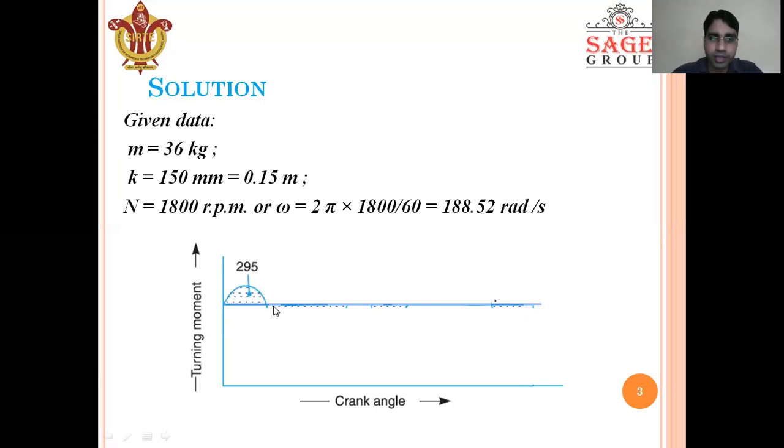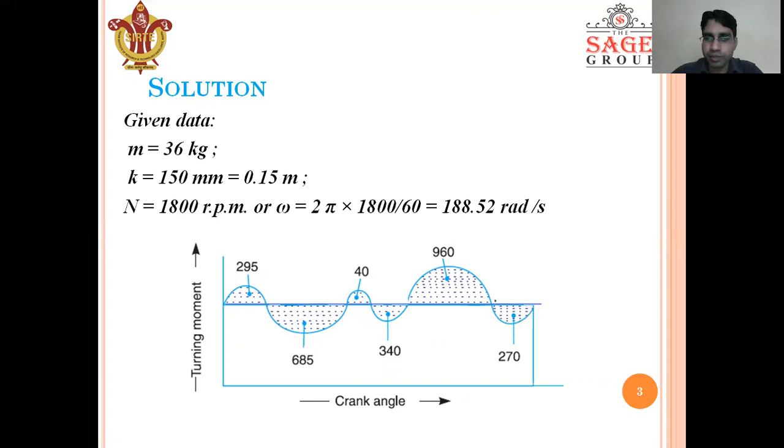First area 295, then 685, then 40, then 340, then 960, then 270, and after the 270 the cycle repeats itself.